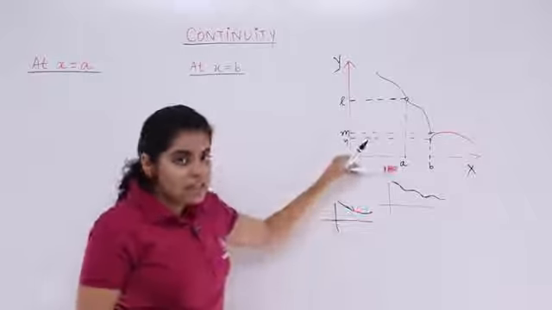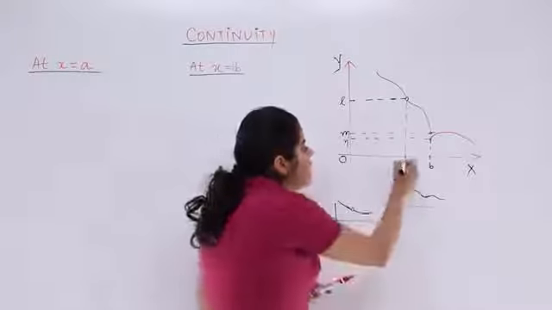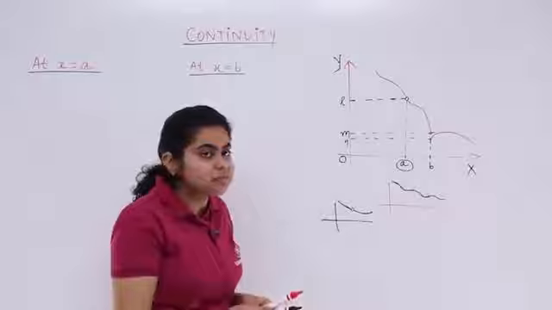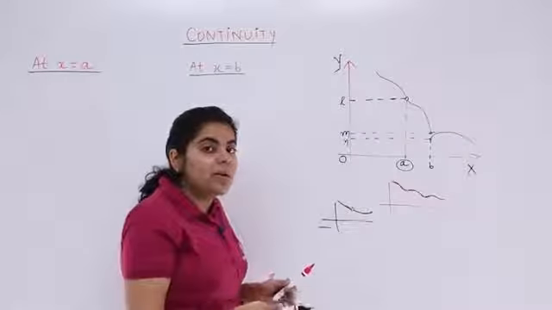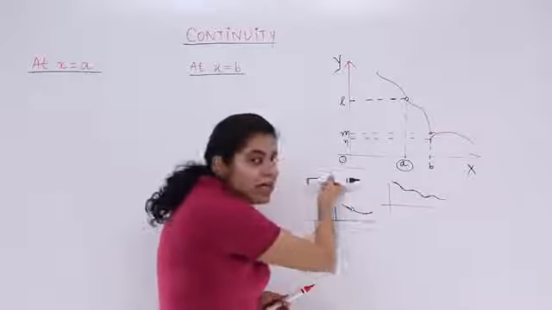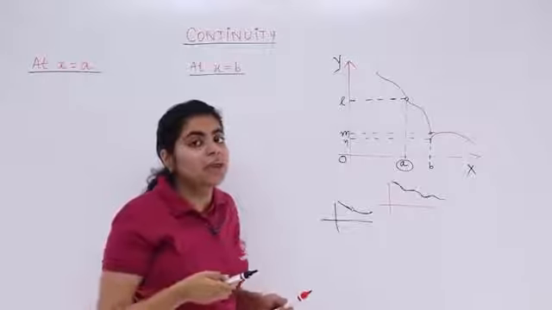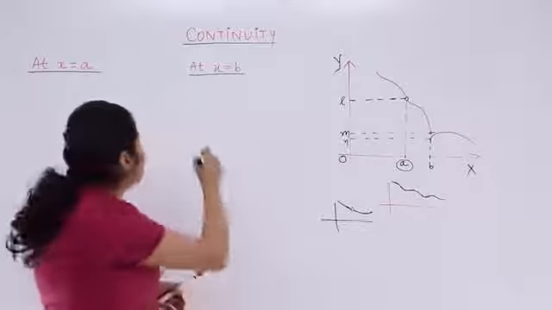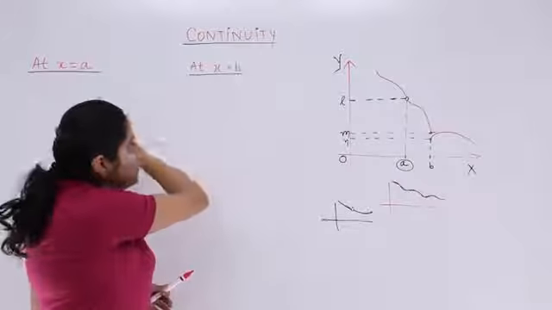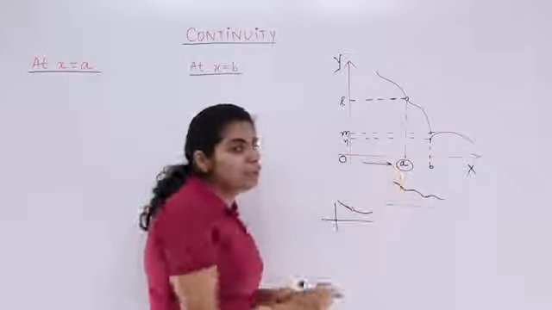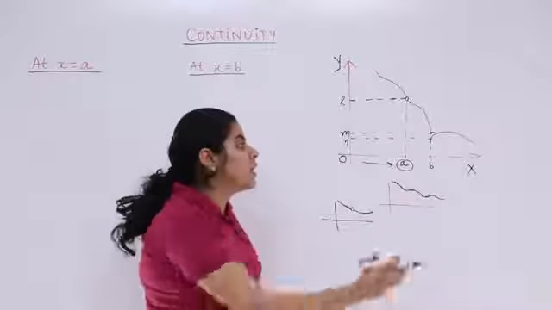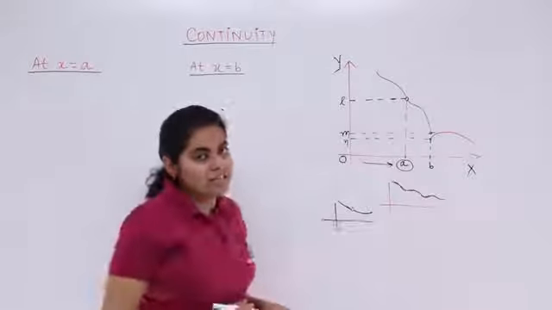For x is equal to A, I see that my curve is already there. If I approach A from the left hand side, that is the left hand limit. If I approach from the right hand side, it is the right hand limit.